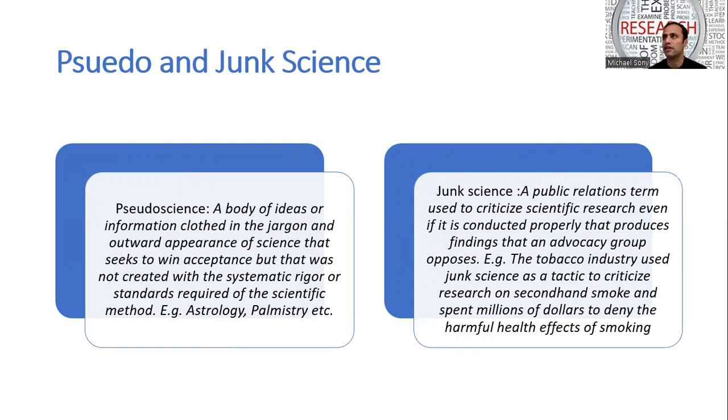Take, for instance, astrology, palmistry, and such things. Initially, you may see that they also talk about planet systems. But when you examine it deeply, using the scientific method, you understand that it does not hold up to the test of the rigorous scientific process.